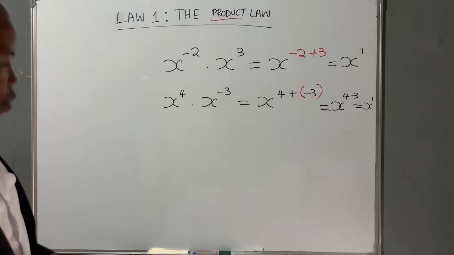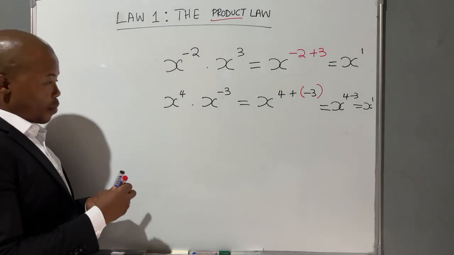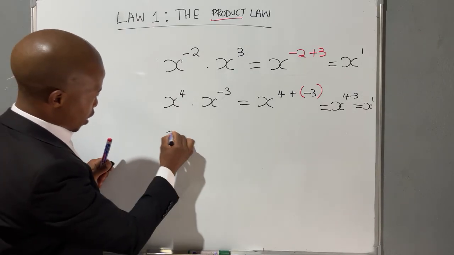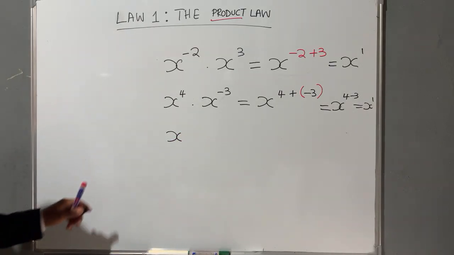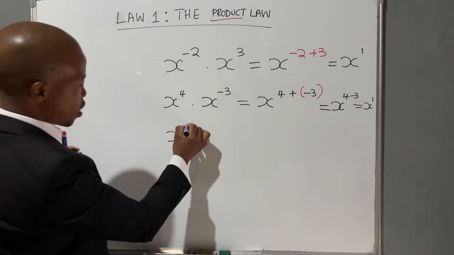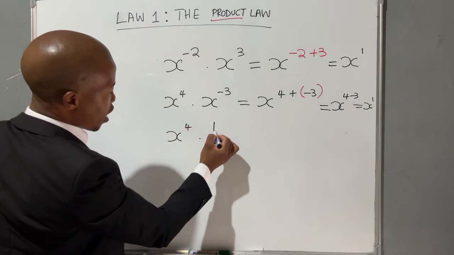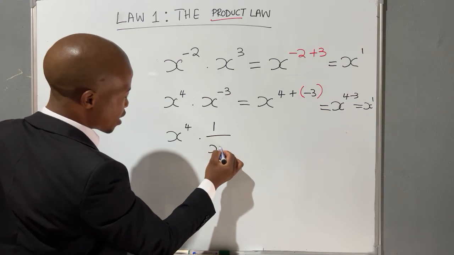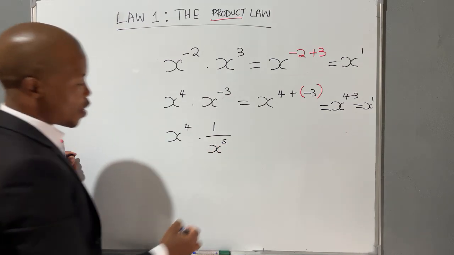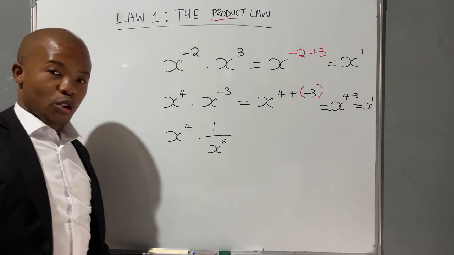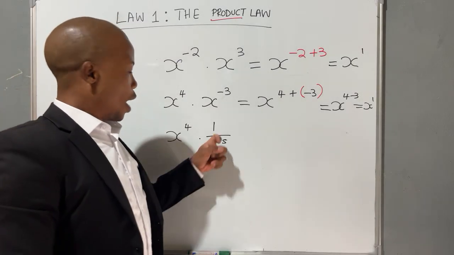Now, the question could also come in this form, right? You can have x to the exponent 4 times 1 over x to the exponent 5, right? This is another law we are still going to look at.